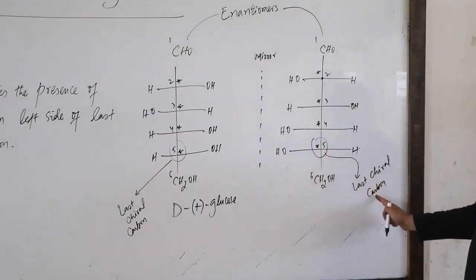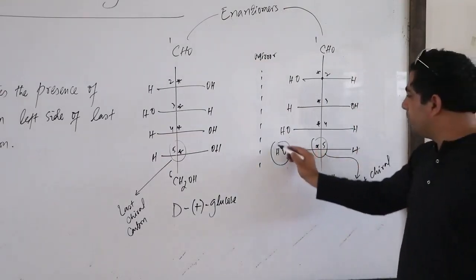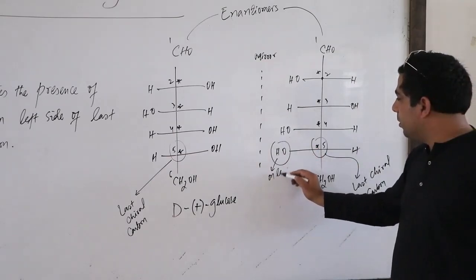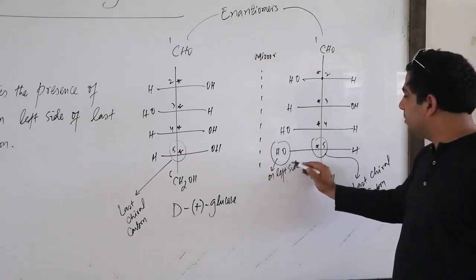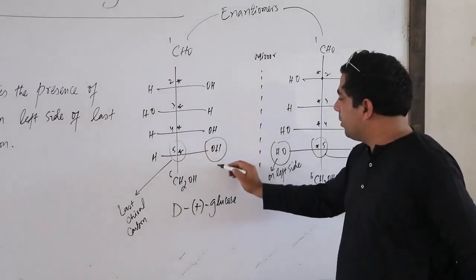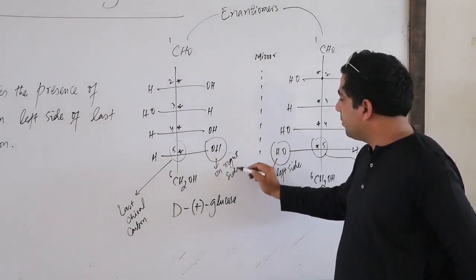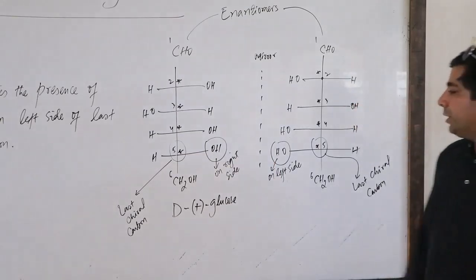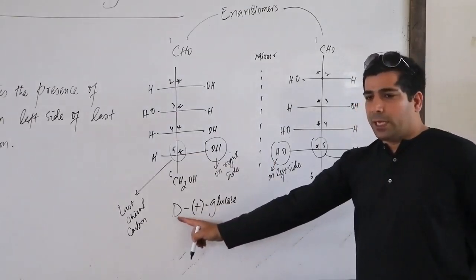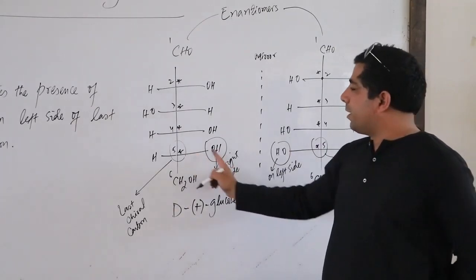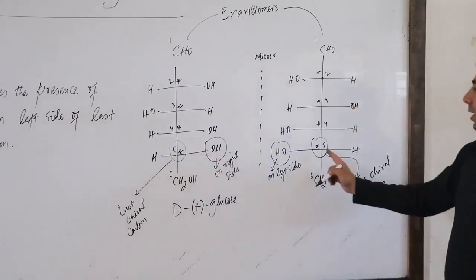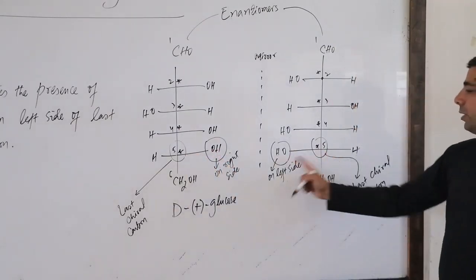The last chiral carbon is the fifth chiral carbon. What is the OH group here? On the left side. What is the OH group here? On the right side. Correct? So this is D because it has the OH group on the right side of the last chiral carbon. This is the last chiral carbon. Where is the OH group? On the left side.